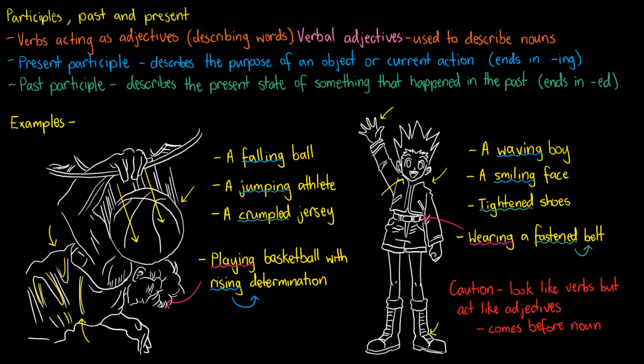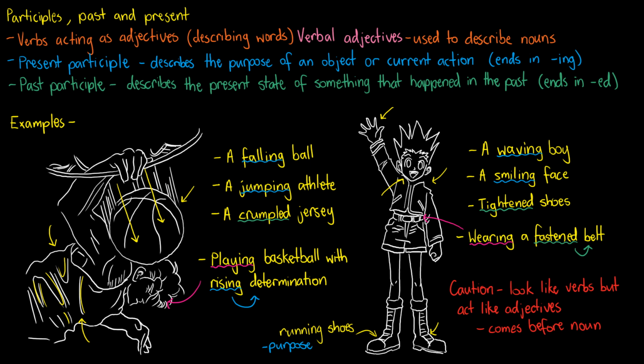Now, I also said a present participle can describe the purpose of something. So we'll just do an example for that here. We have a pair of running shoes. That's how you would describe the shoes. They're for running, so it's a purpose. They're not currently running, but they're for running. That's what they're made for.